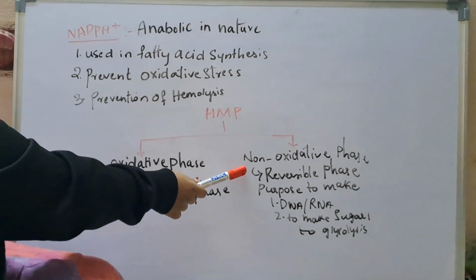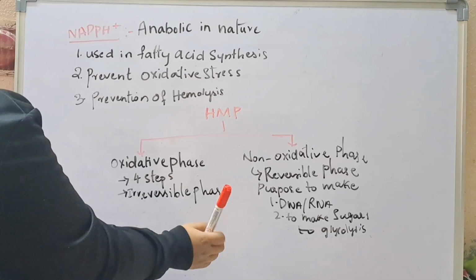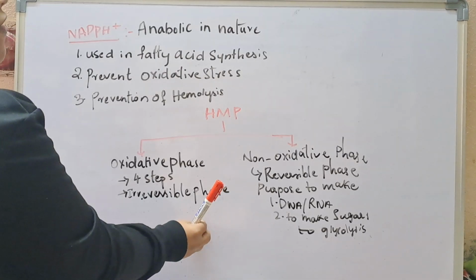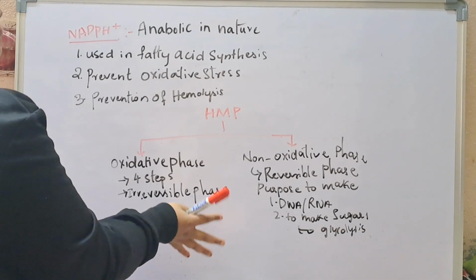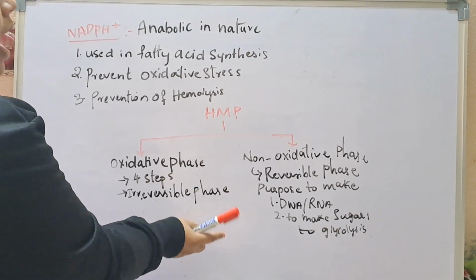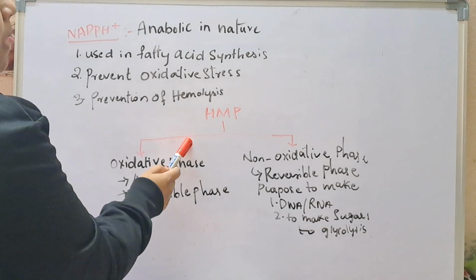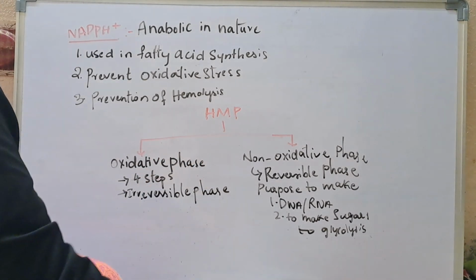The main purpose of this phase is to make DNA or RNA. When we convert this ribulose with other enzymes and other conversions, the end product of the HMP pathway is fructose 6-phosphate, right?